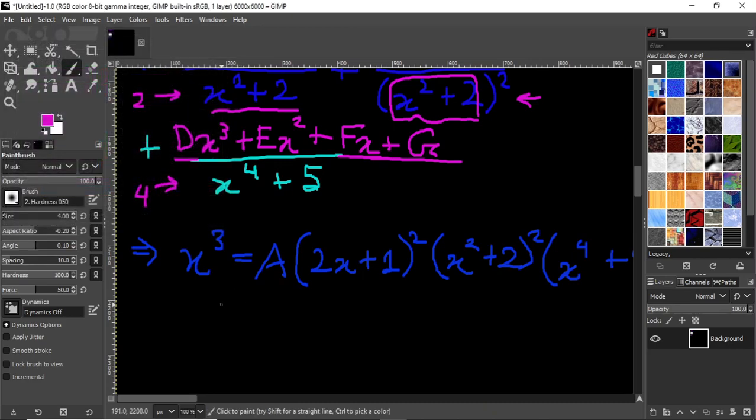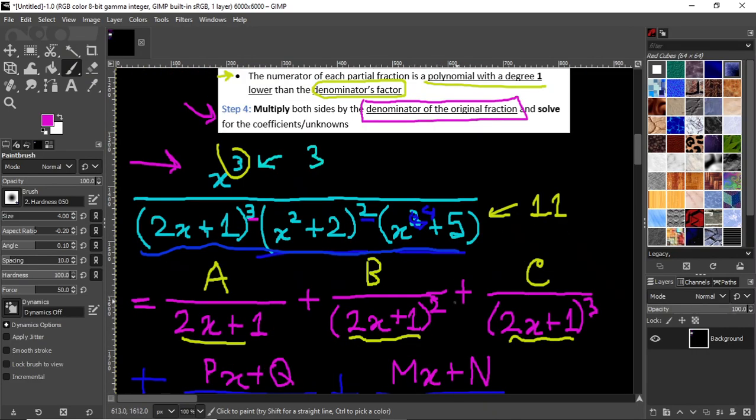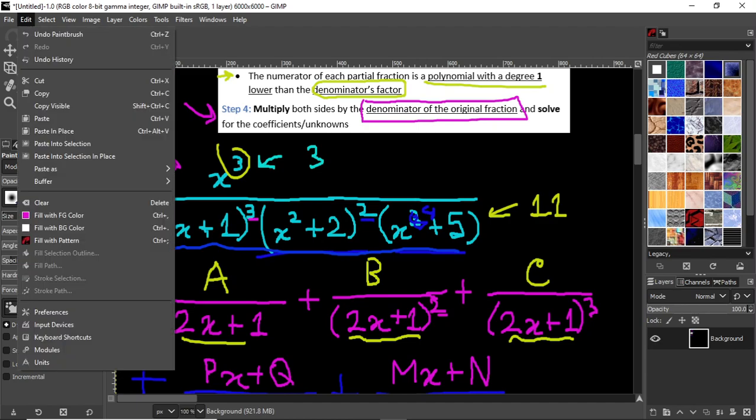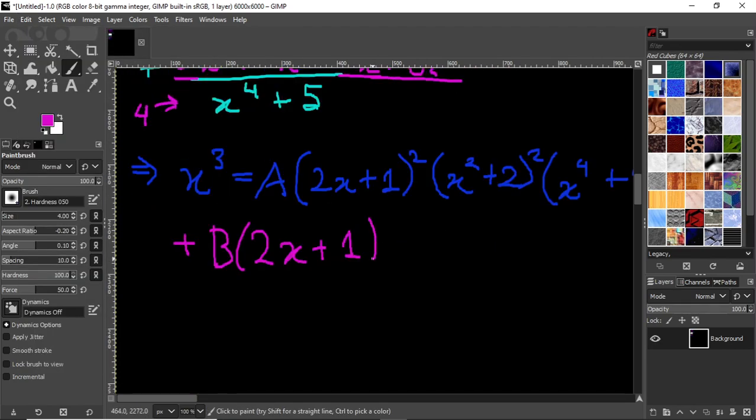For B, you'd have B times 2x plus 1 squared, and if you multiply that with 2x plus 1 cubed, you'd only have a 2x plus 1.